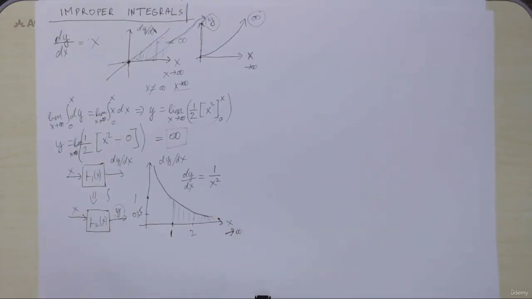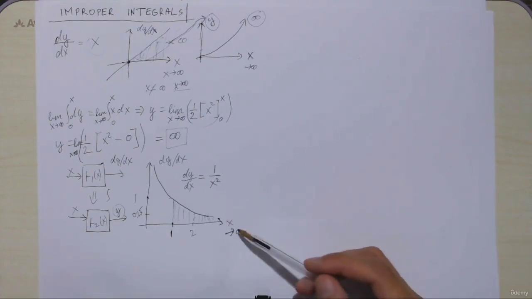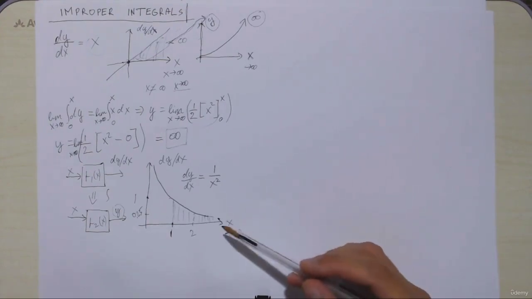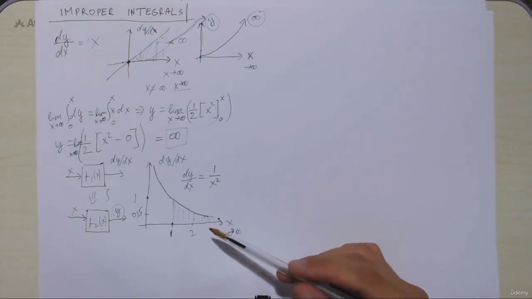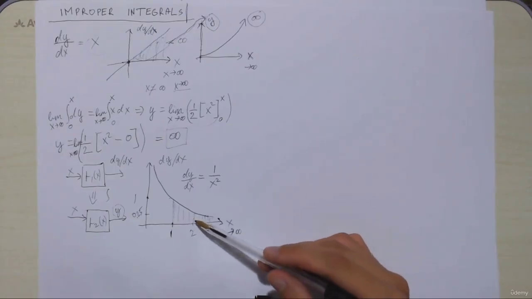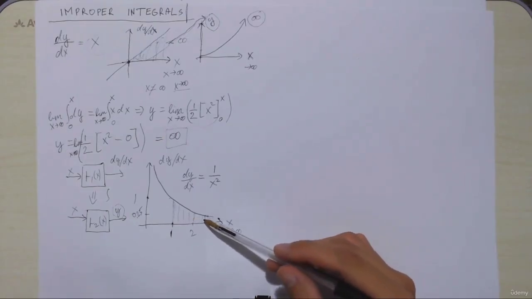Well, my first intuition tells me that it should be infinity, because if x never ends, then the area should never end either, right? So the area should also approach infinity. But is it true though?